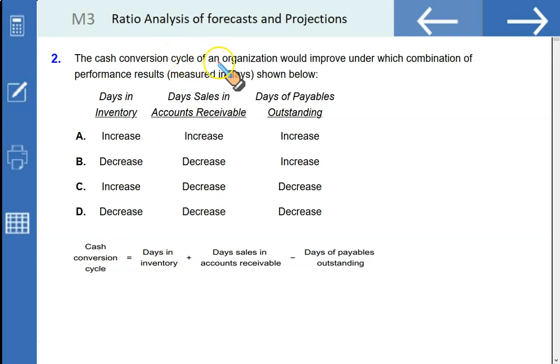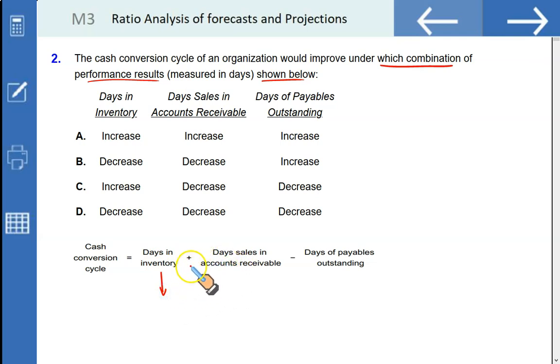The cash conversion cycle of an organization would improve under which of the combination of performance results shown below? Cash conversion cycle is equal to days in inventory plus days sales in accounts receivable minus days of payable outstanding. If you want as short a cash conversion cycle as possible, days in inventory must be as low as possible.